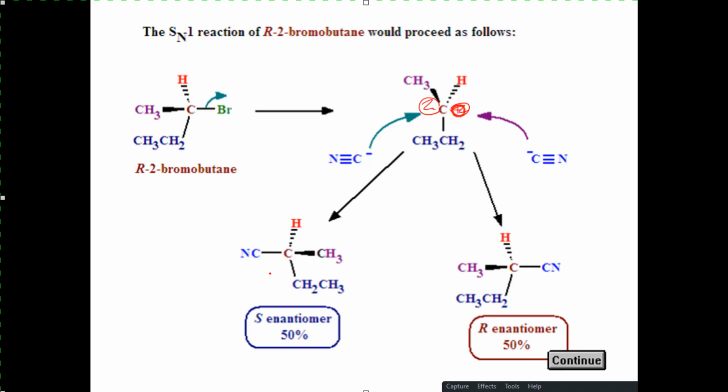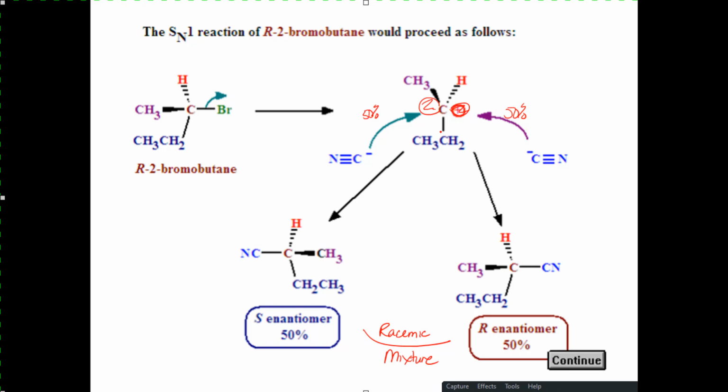I end up with the S enantiomer and the R enantiomer, and since they add 50% to the right, 50% to the left, I end up with a racemic mixture. And so that's the stereochemistry of an SN1 reaction. You end up with a racemic mixture in a non-optically active product.